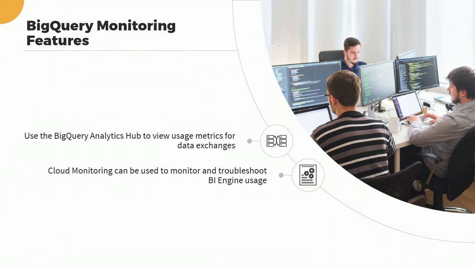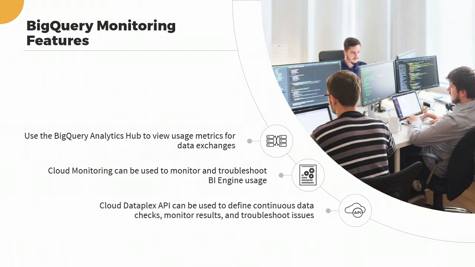If you're using Looker Studio with BigQuery BI Engine, this is all supported, and I can identify if there are any problems with BigQuery and the Looker Studio connection. There's also the Cloud Dataplex API. This can be used to define continuous data, and this is where I can check for continuous results, monitor my results, and troubleshoot some issues.